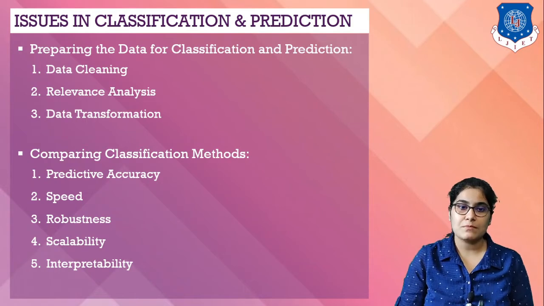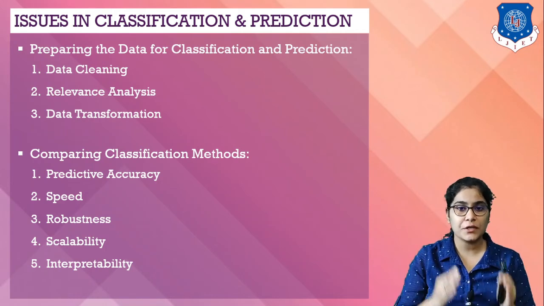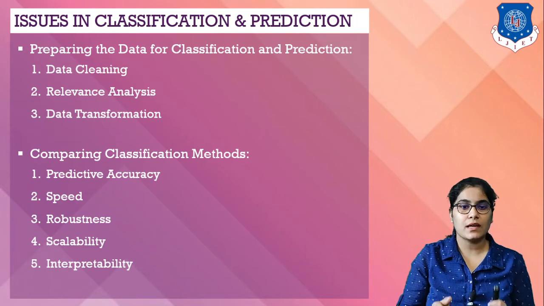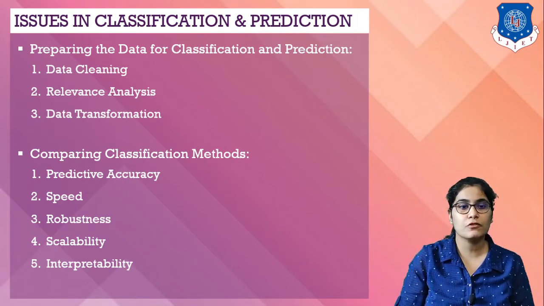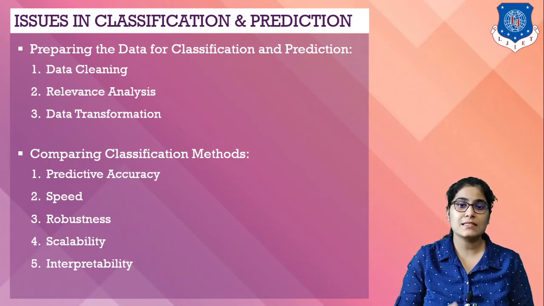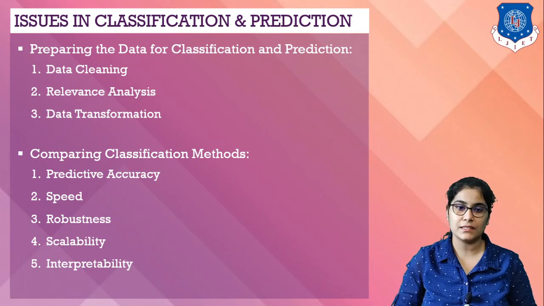Ideally, the time spent on relevance analysis when added to the time spent on learning from the resulting reduced feature subset should be less than the time that would have been spent on learning from the original set of features. Hence, such analysis can help improve classification efficiency and scalability.